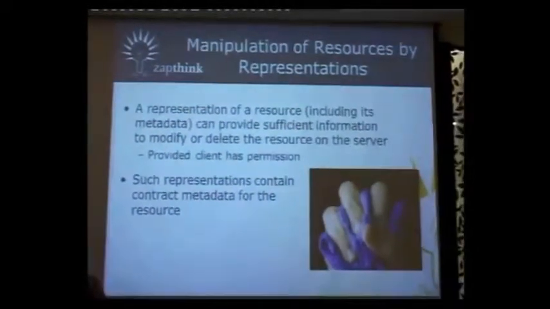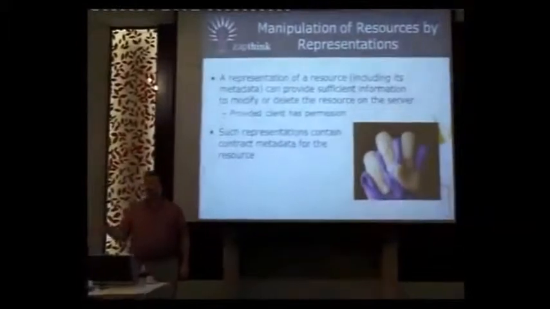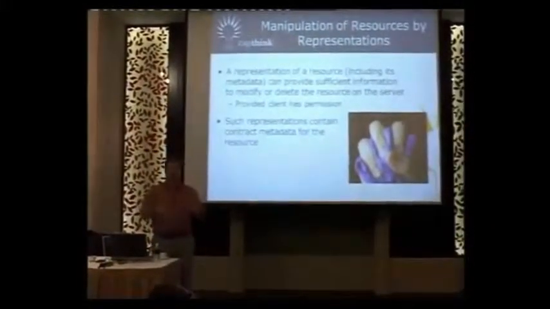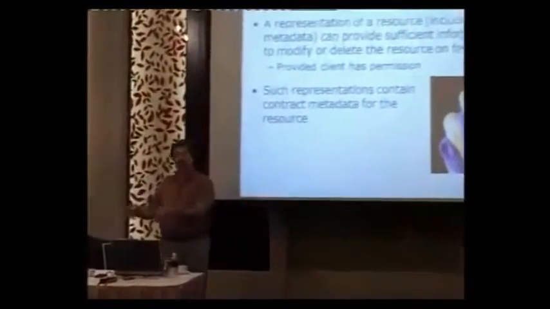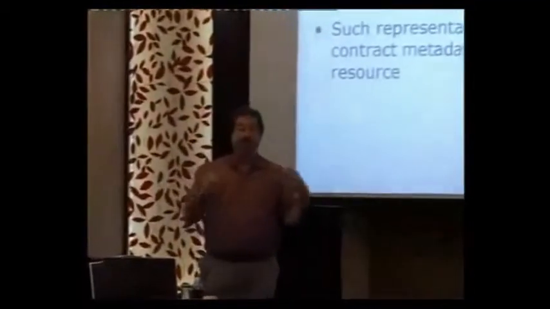How do you actually submit information to a website? You fill in a form and hit submit, and that does a POST. That is how you control the resource. The representation is responsible for that. The representation essentially contains information as to what the client can do to change the resource.